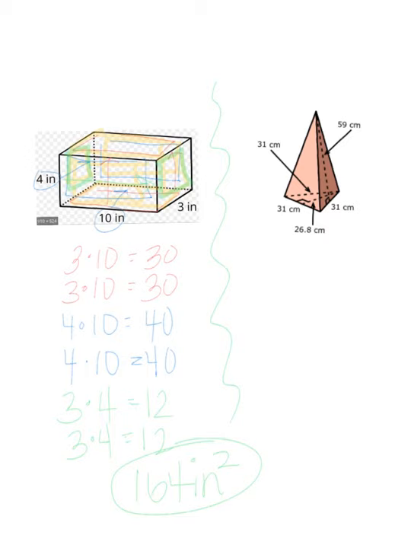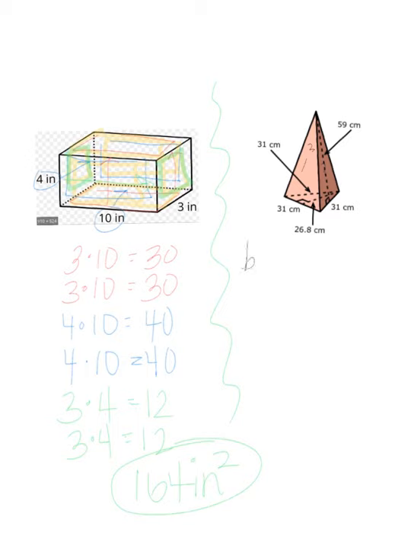And it turns out, because this is a pyramid and it comes to a point up here, we actually have 3 triangles, 1, 2, and then this back one, 3, and then a triangle on the bottom, okay? So I have 3 triangles going around the outside and a triangle on the bottom, because this is actually called a triangular pyramid. So if I'm keeping track, how many sides is that? Well, I need the triangle on the bottom and then 3 going around the outside. So I need 4 different triangles.